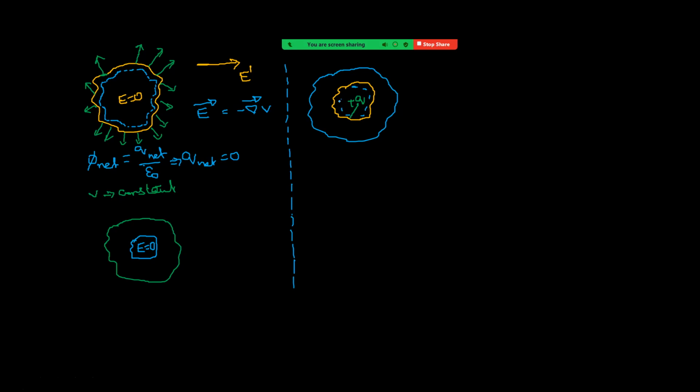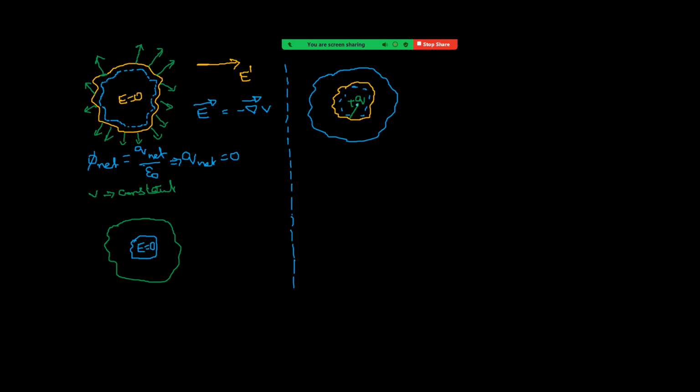And remember, in this region we have a conducting substance. In a conducting substance, electric field is zero. That means in this region we cannot expect electric field lines. That's why they terminate only on the inner face of the cavity.